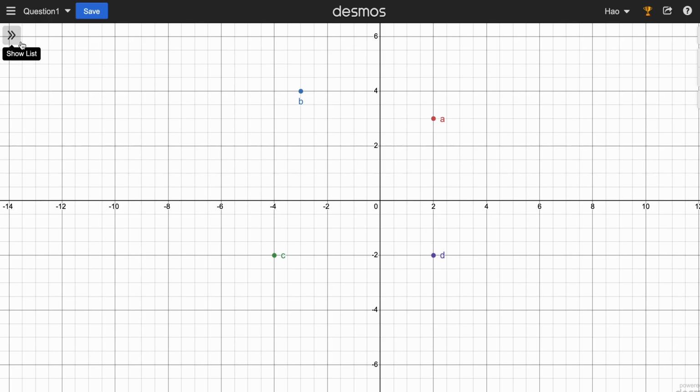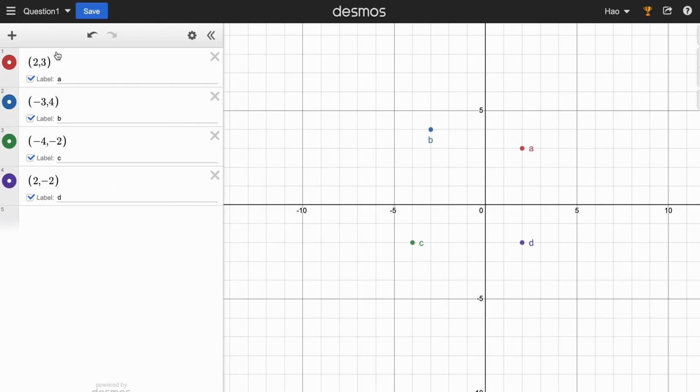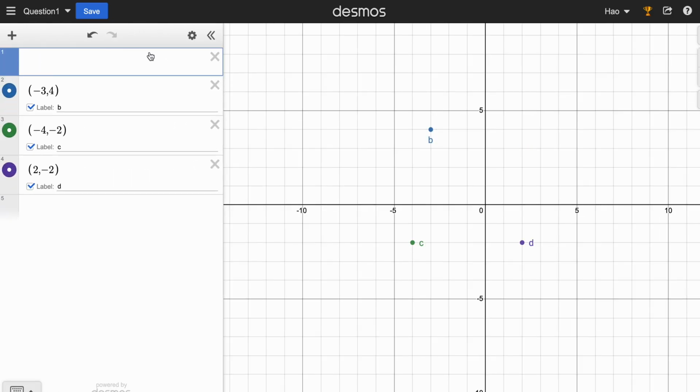Okay, as for the third question, it wants us to work out the quadrant of the three coordinates.